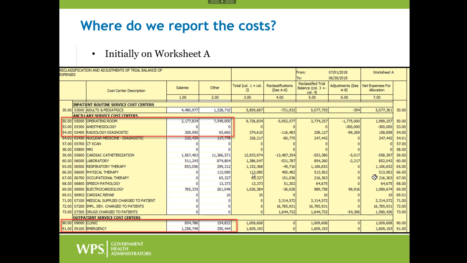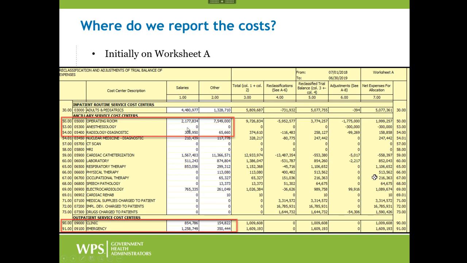Now we'll start to dig into the cost report flow for provider-based physicians, and actually out of all of the cost report flow, this is one of the simplest. Basically, these costs are initially reported on worksheet A in the various cost centers wherever the physician was providing services. Now there are salaries in column 1, other costs in column 2.